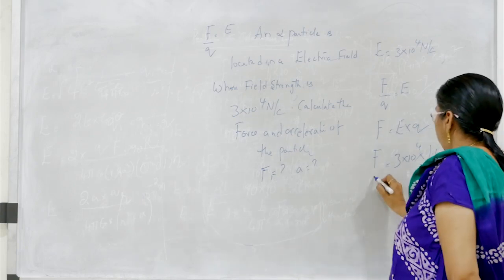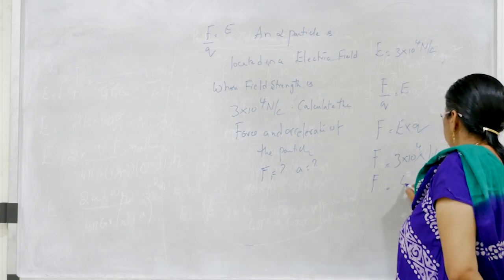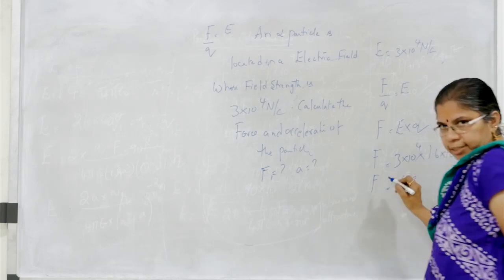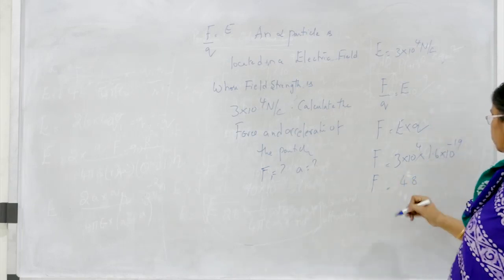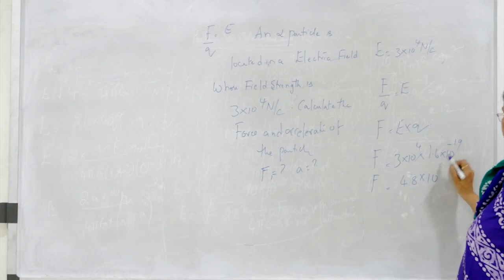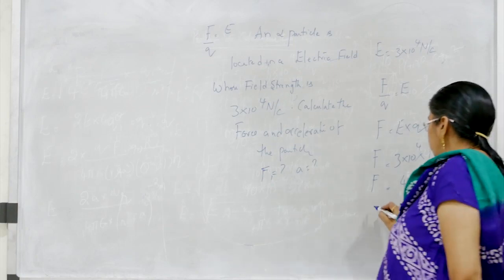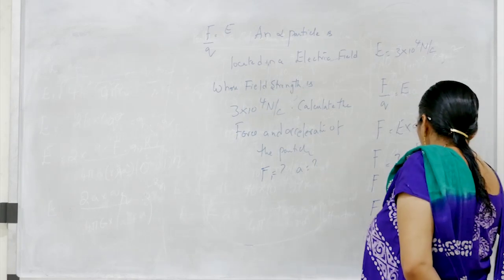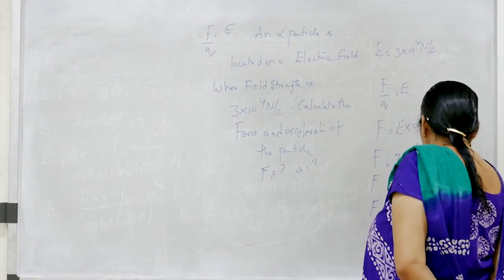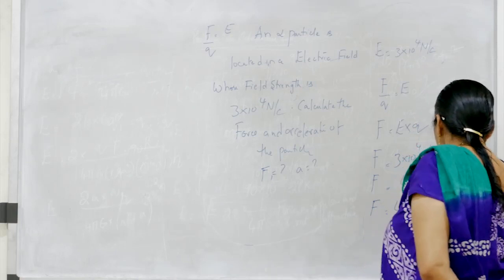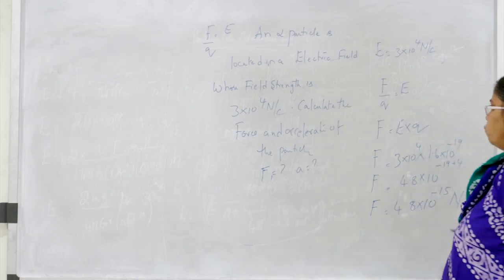So F is equal to 3 into 1.6, which is 4.8, into 10 power minus 19 plus 4. So F is equal to 4.8 into 10 power minus 15 newtons. This is the force.